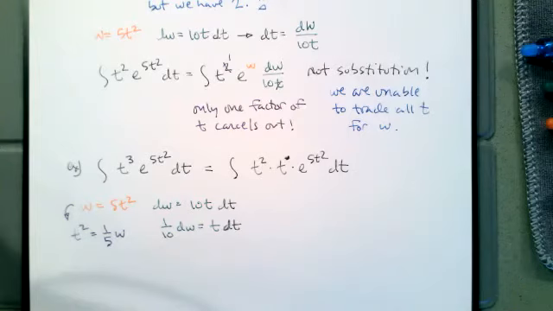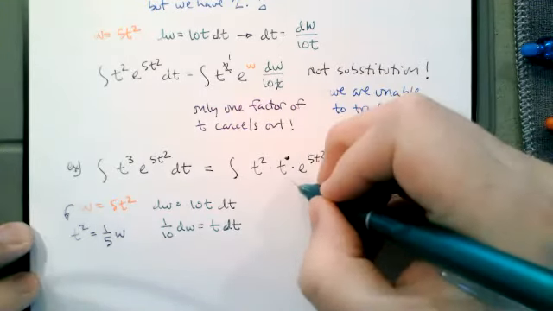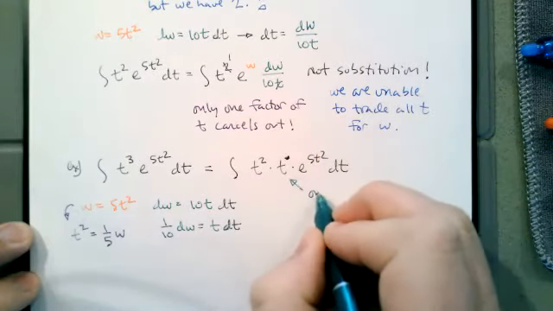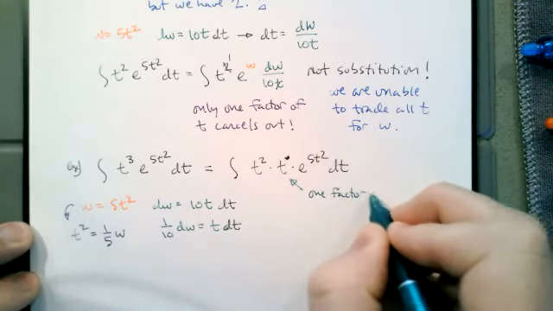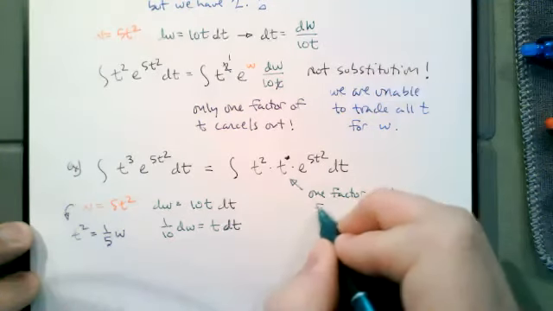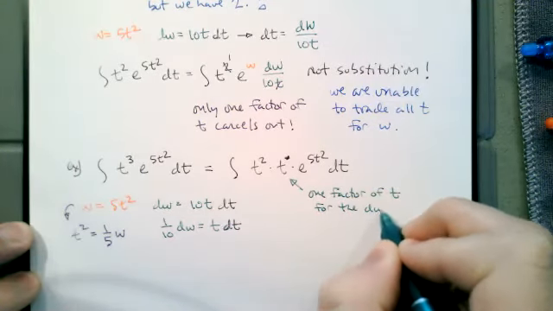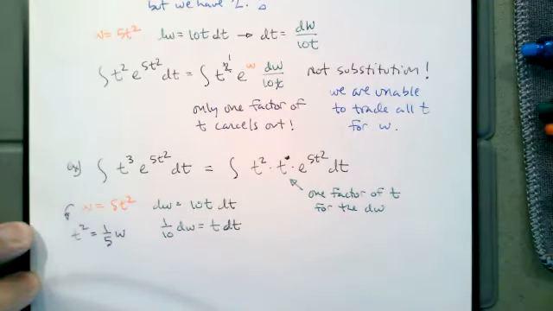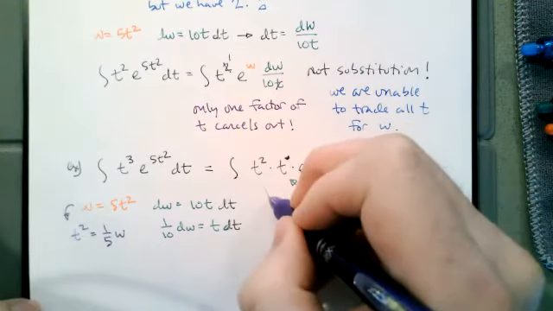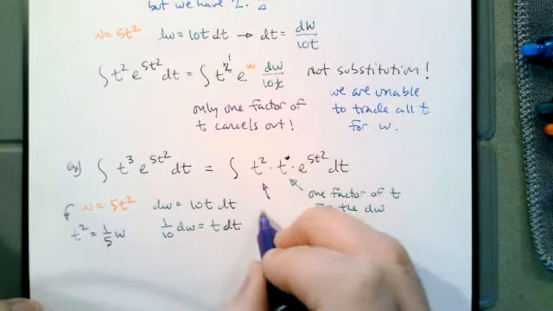So the relationship still holds. W is 5t squared, so t squared is also a multiple of w. So once I've written it this way, one factor of t will be the dw, it's actually going to be a 1/10 dw once we include this dt, and then the other two can be replaced by w.